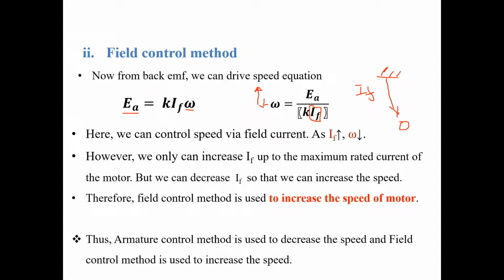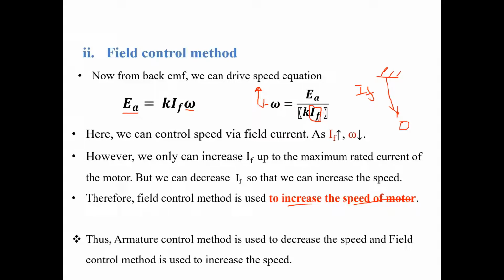Therefore, the field control method is used to increase the speed of the DC motor. If you want your motor to work at a very high speed, the field control method is an ideal method to increase the speed. But here it is very difficult to decrease the speed.